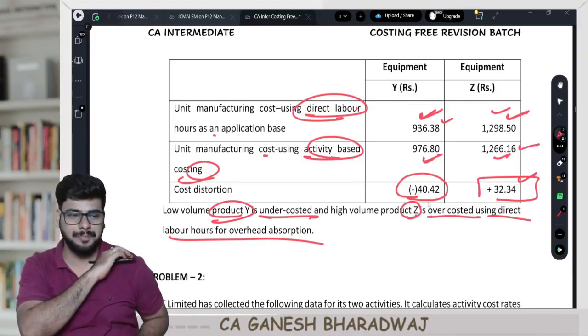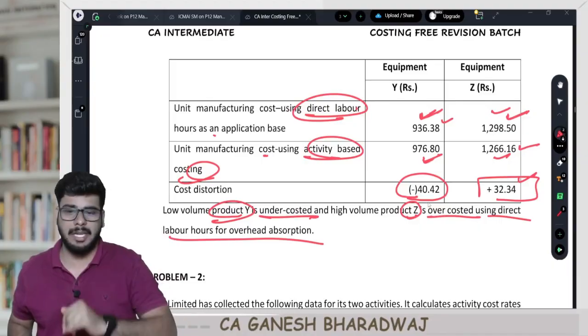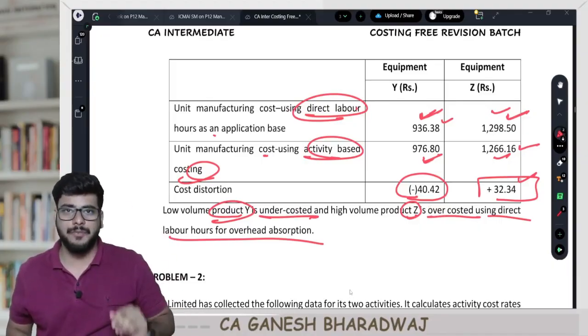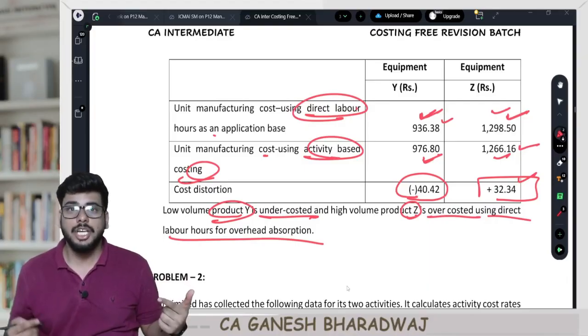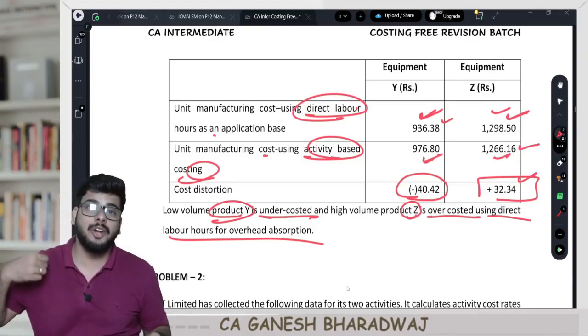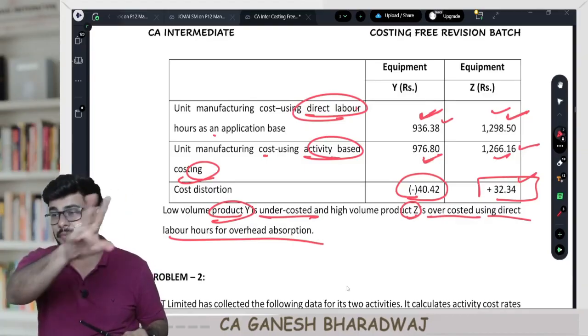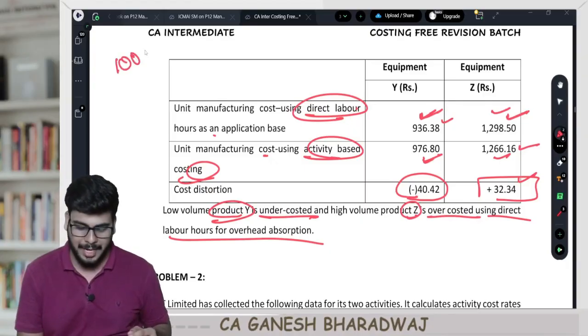So for example, in your real day-to-day life, you can use ABC. If you are a student attending a face-to-face lecture, your cost driver will be the number of lectures held, not the number of hours. Let us say I'm planning a 100-hour session.